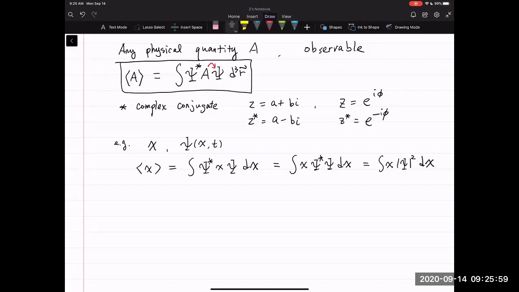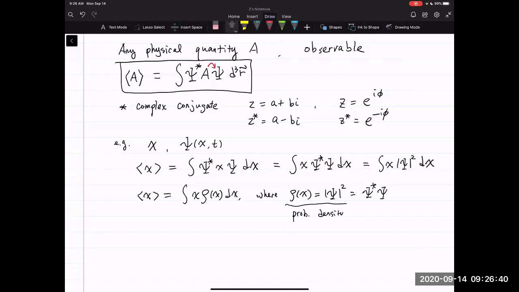So if we simplify this notation a little bit, X average equals the integral of X times the probability density of X, dx, where this rho(x) is equal to psi square, or psi star times psi. So it shows that the wave function squared is actually a probability density. It's a probability density function.